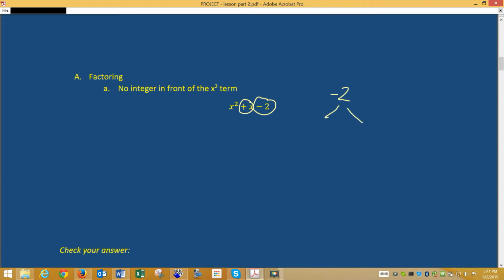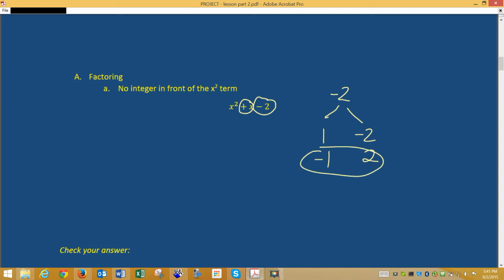So factors of -2, so that's numbers that multiply to give -2. So 1 times -2 is -2. -1 times 2 is -2. And those are the only options. So the pair that adds or subtracts to give +1 is going to be this one here.